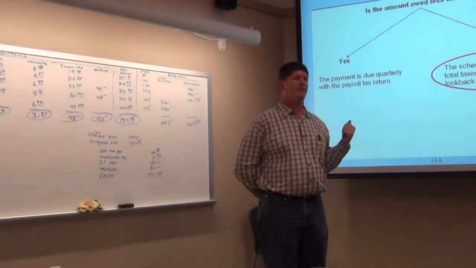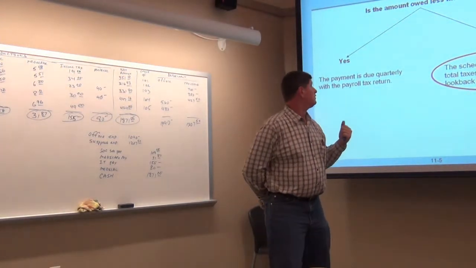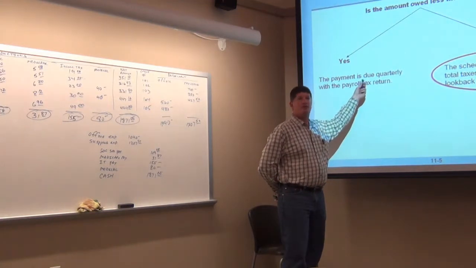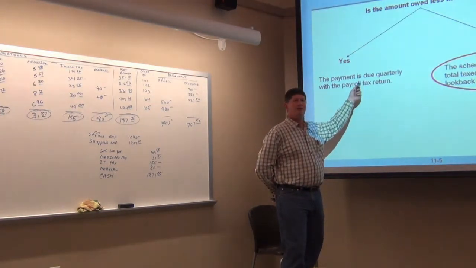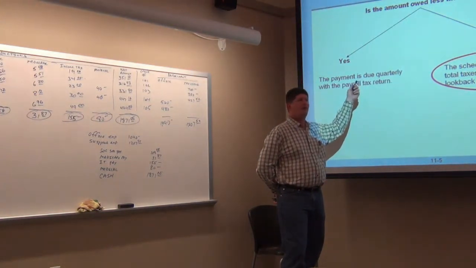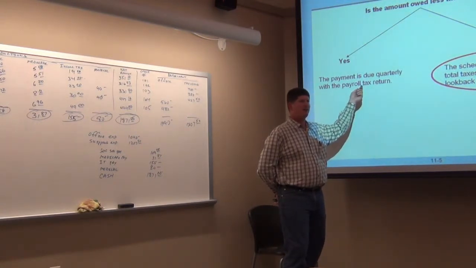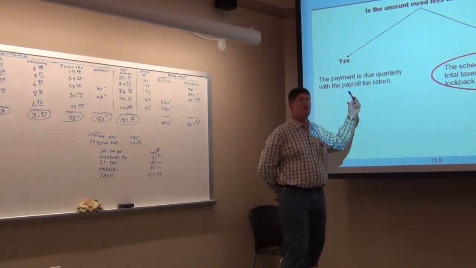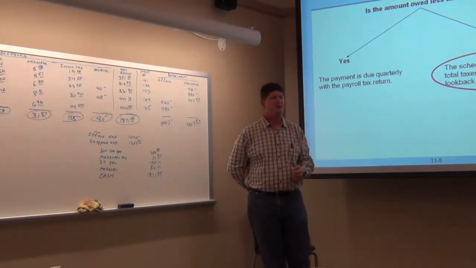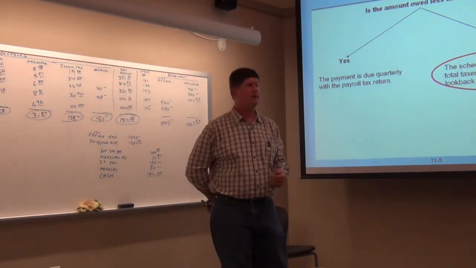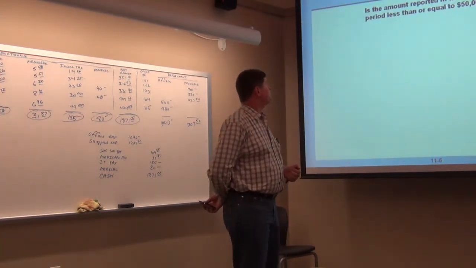The important thing to get from this slide is that there's a quarterly payroll tax return we have to file, right? You and I as individuals, we only have to file our tax return once a year, April 15th, right? Businesses have to do it every 3 months for the wages that they paid of all of their employees. So there's a lot of work there.